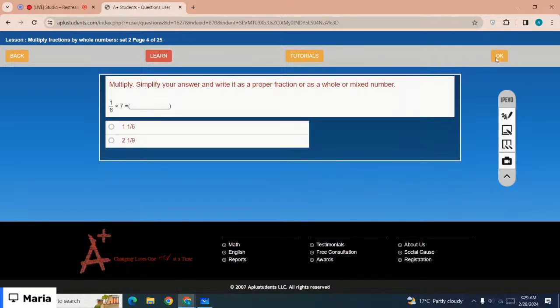The next one is multiply 1 by 6 times 7. So which is the correct option?